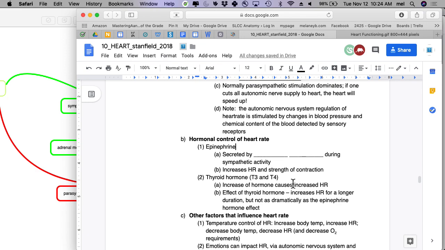And if you were hypothyroid, your resting heart rate would probably be lower. So it's not like a regulatory mechanism. It's just an impact of thyroid hormone on the metabolic rate of all tissues, including cardiac muscle. So it increases heart rate for a much longer duration, but not as dramatically.